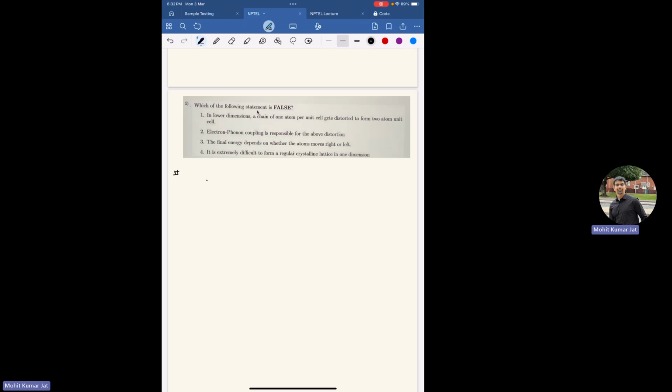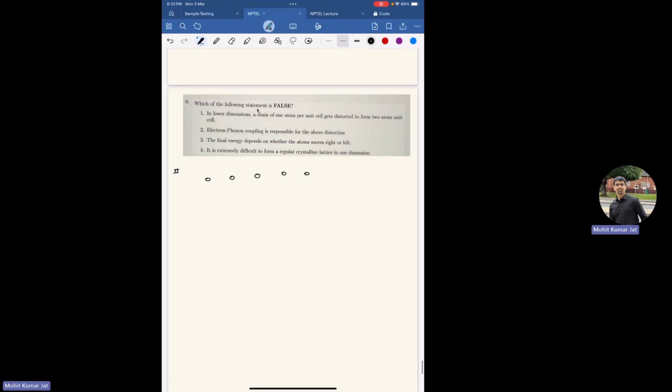The first statement says that there is a chain of 1D atoms. Okay, fine. In lower dimension, a chain of one atom per unit cell gets distorted to form a two-atom unit cell. What happens under strong electron-phonon coupling?